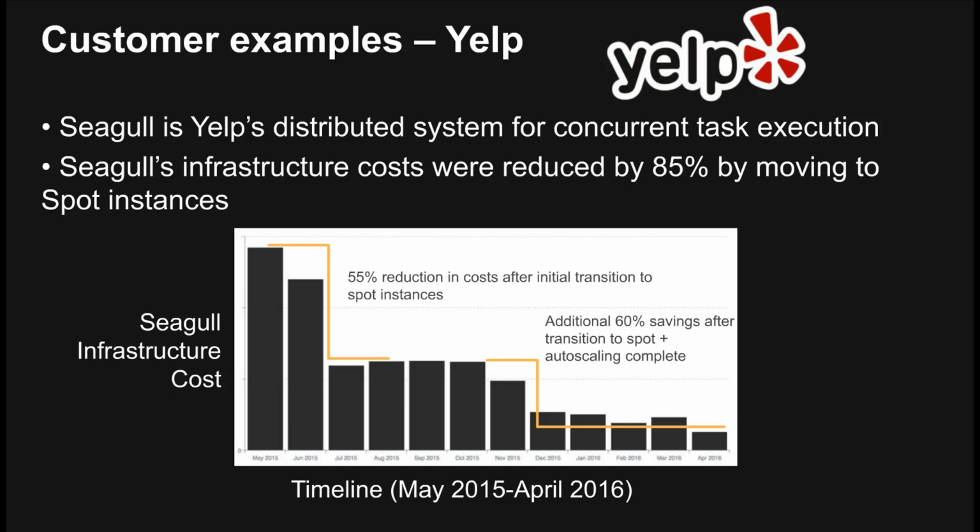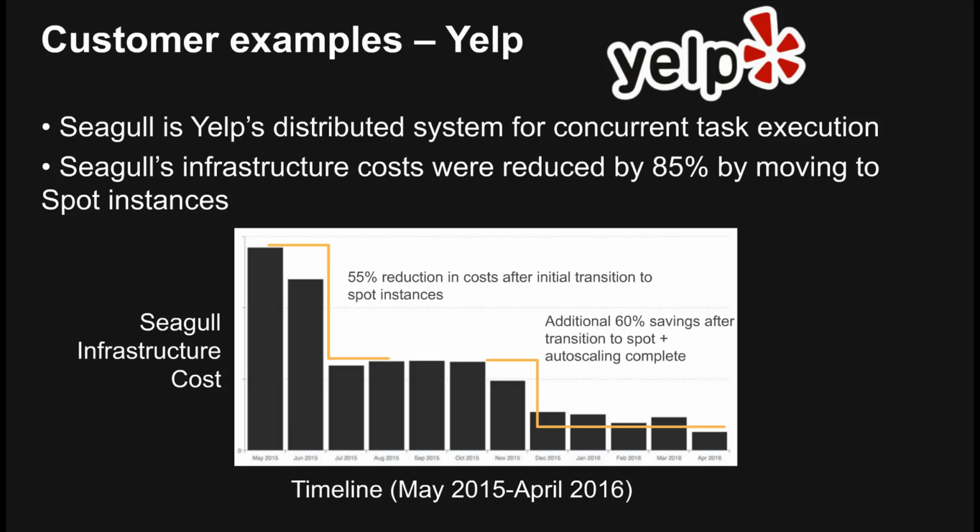You can see the timeline here at the bottom. They gave a great graph showing savings as they moved into the spot market. That first pretty significant drop in price, that 55% reduction in costs, was after their initial transition to spot instances, simply going from on-demand to spot.